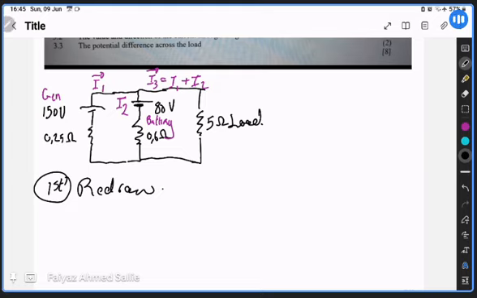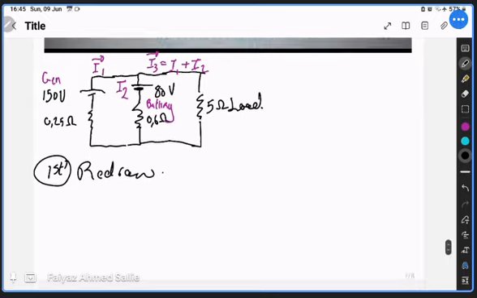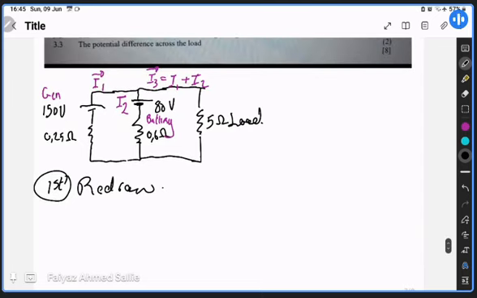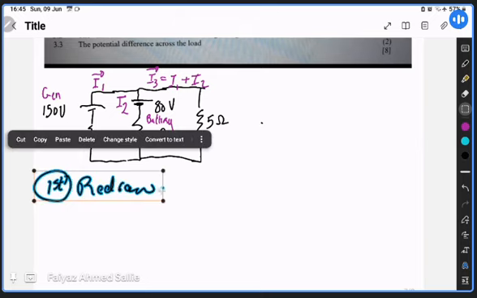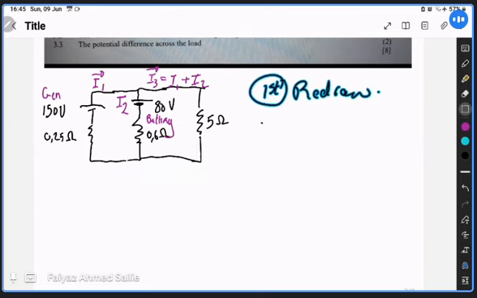Let's start with the first one, and I'm trying to get both of them in one space so you guys can understand. So let's redraw the diagram and follow the circuit, get equations, and we should be done and on our way.